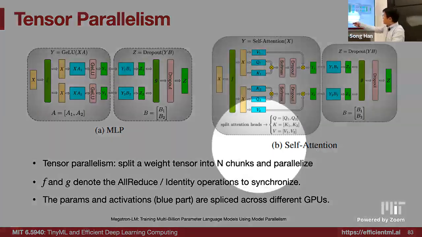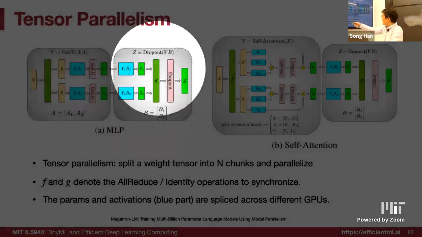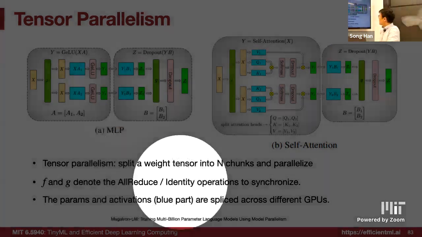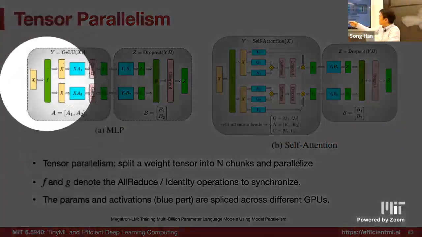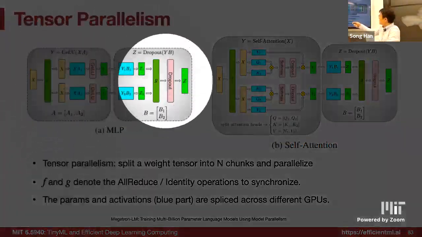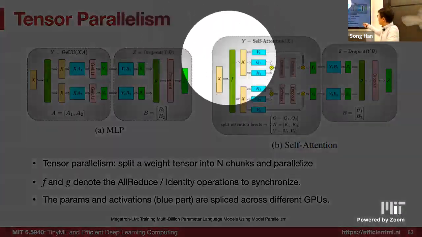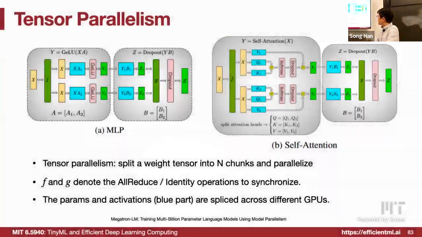So we only need to communicate in F and G at the start and at the end, which denote all-reduce and synchronization operations. One is scatter, one is the all-reduce operation. Similarly, communication only happens in the beginning and in the end.